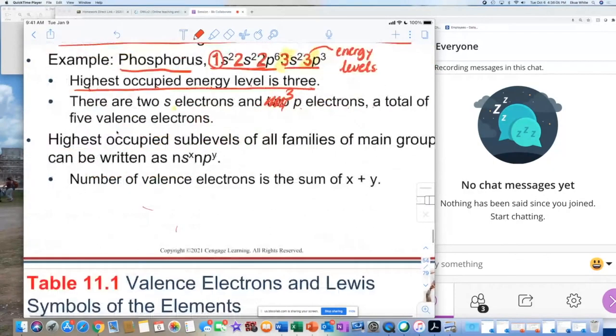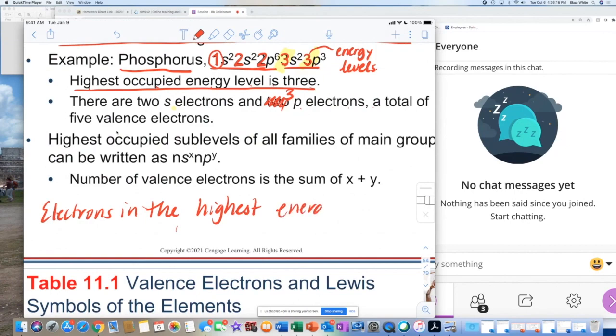So here's the idea. Electrons in the highest energy level are valence electrons.